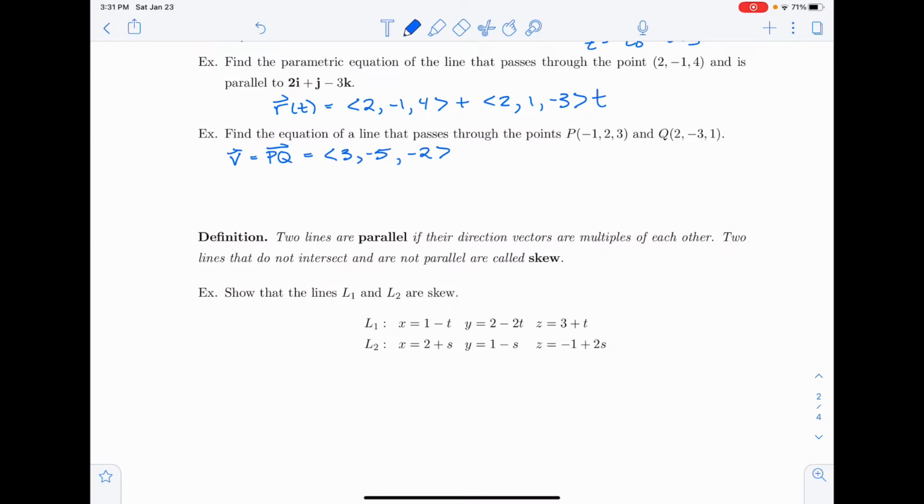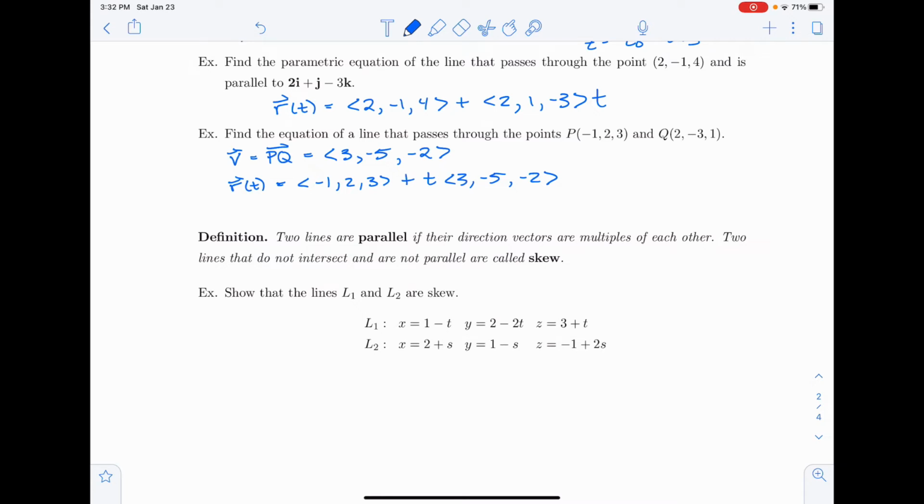Now that I have the vector v, I can just write r(t), and that's going to be equal to the first point, P, (-1, 2, 3), plus t times my vector. My vector in this case is (3, -5, -2). You can do a quick reality check.